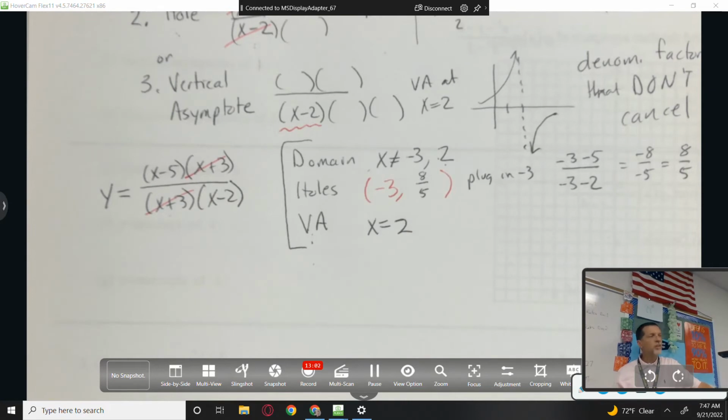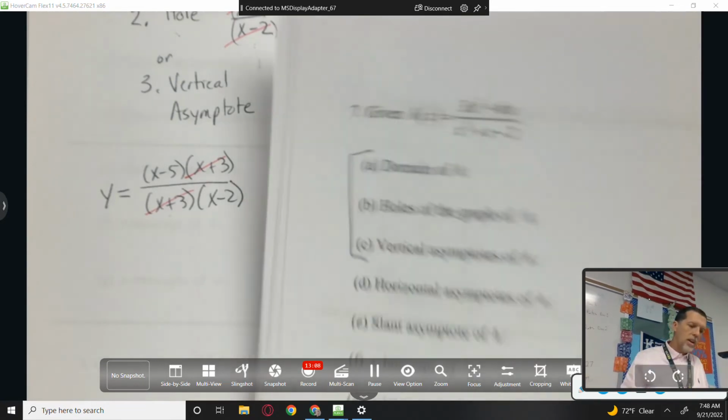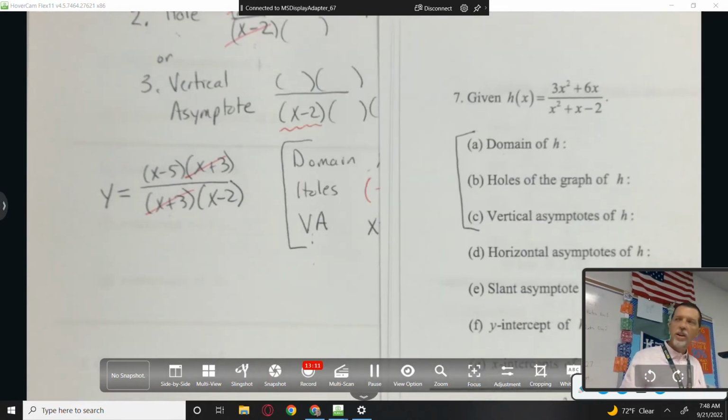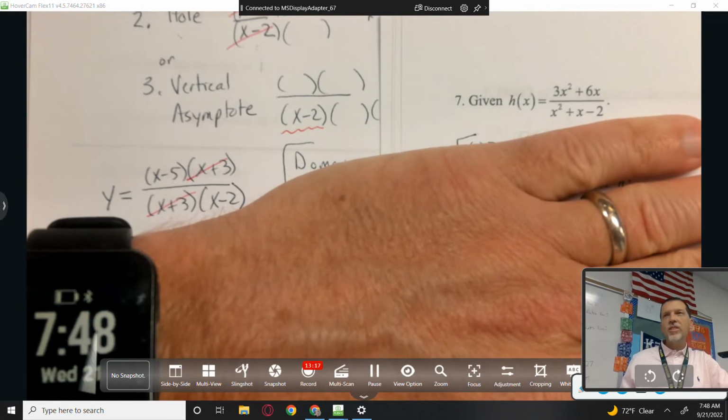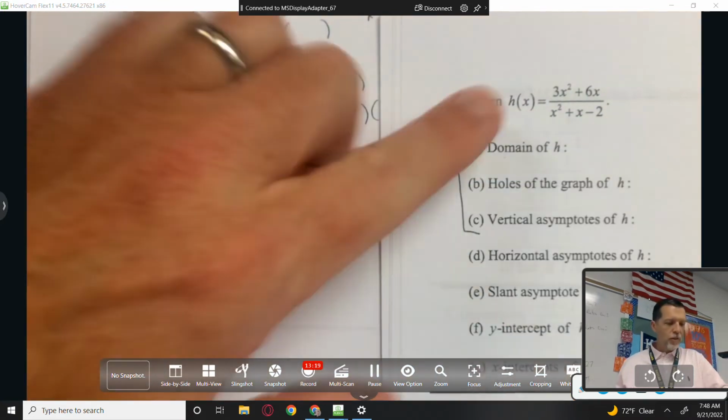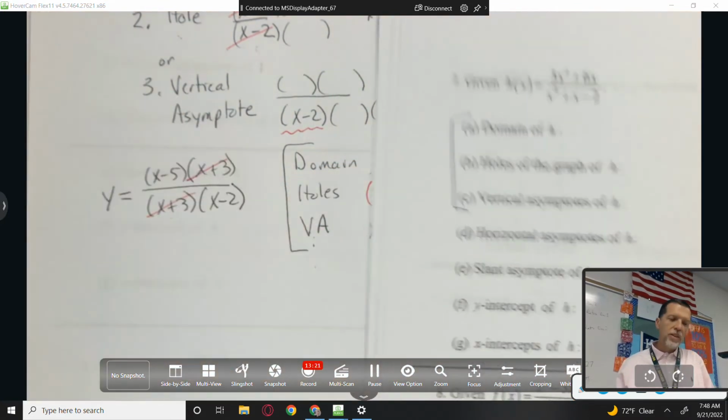Domain, holes, vertical asymptotes. They all go together. Find the domain, then the holes, then the vertical asymptotes. We'll always ask it the same order, and we'll always prompt you for the questions. We're not going to give you a graph or an equation and just then say graph it. We're going to ask you for the pieces, and then you'll use the pieces to graph it.